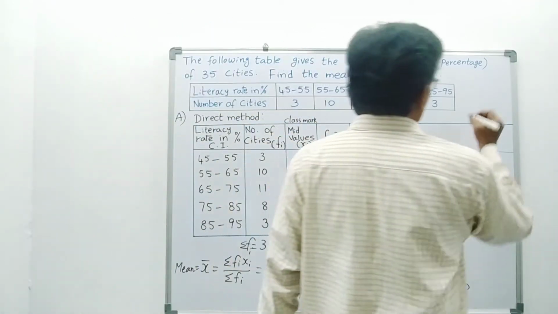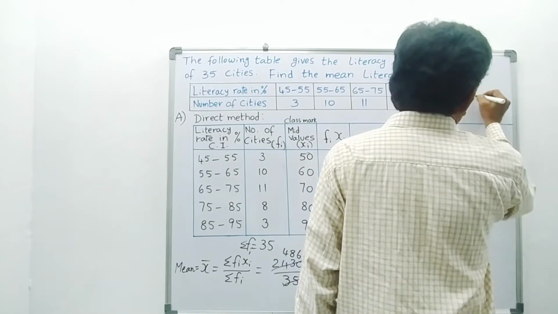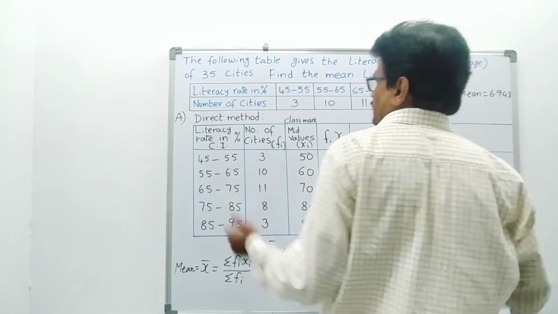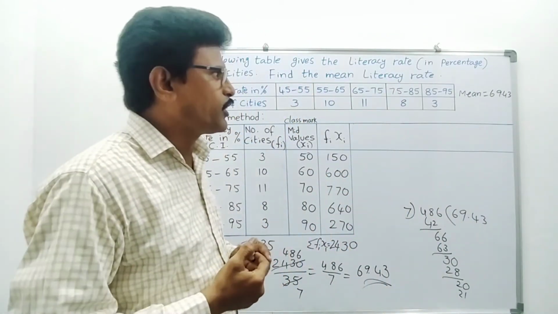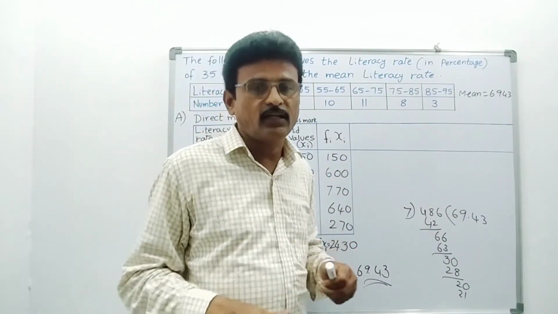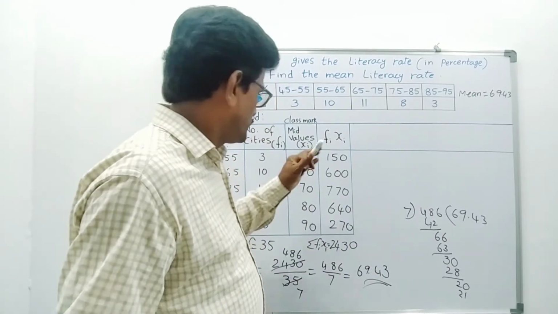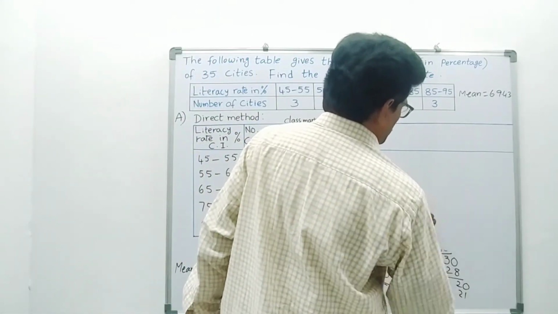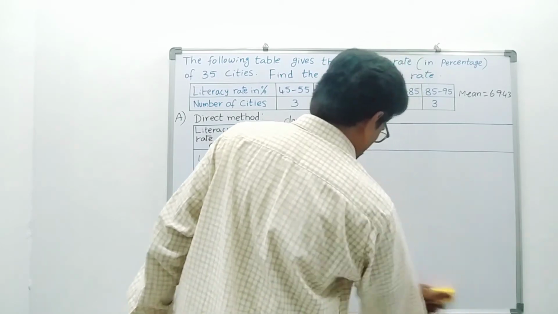Students, here we are getting the mean. I am writing here the mean. How much are we getting? 69.43, right? In the direct method. Suppose in the assumed mean method, how much value are we going to get? Here only I will solve that problem, same table I will continue.